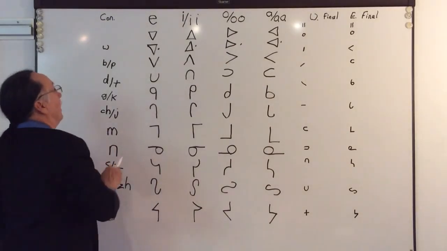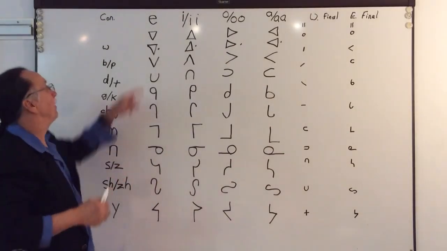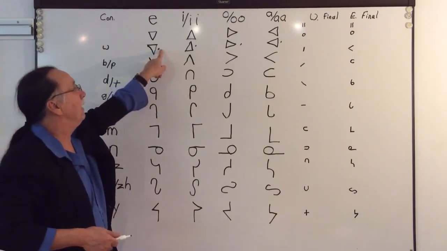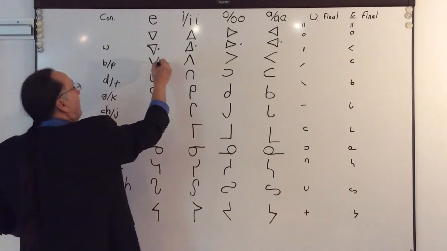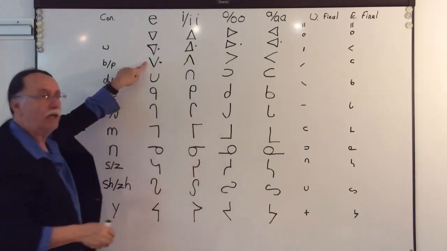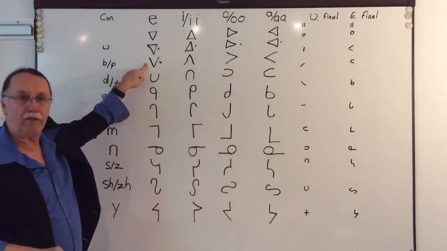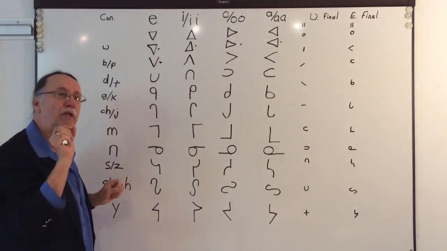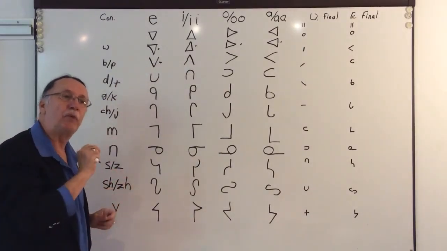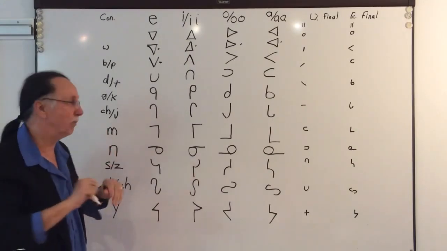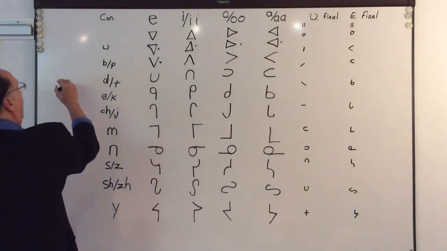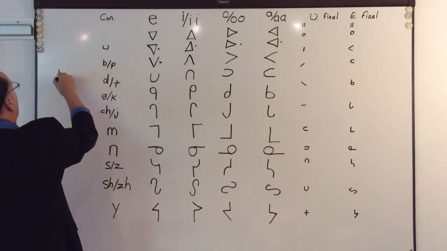But before we do that, I just want to show you this dot. That gives you a W sound, and if I put a dot beside be, it becomes bwe. You insert the W between the consonant and the vowel in the middle of the syllable.